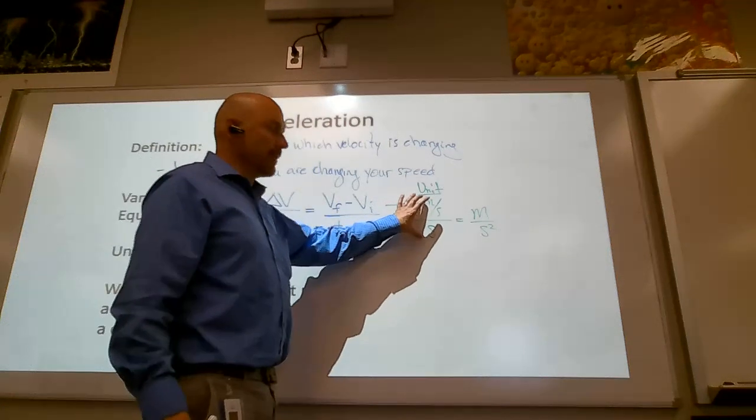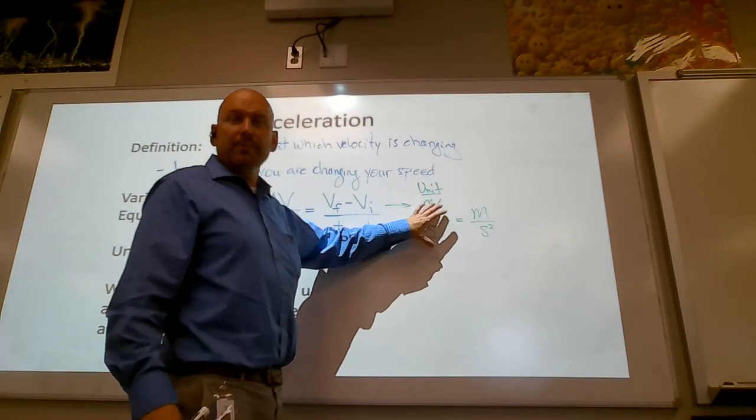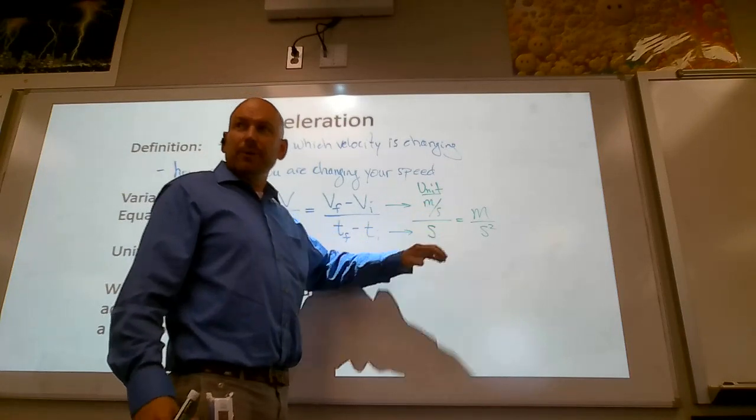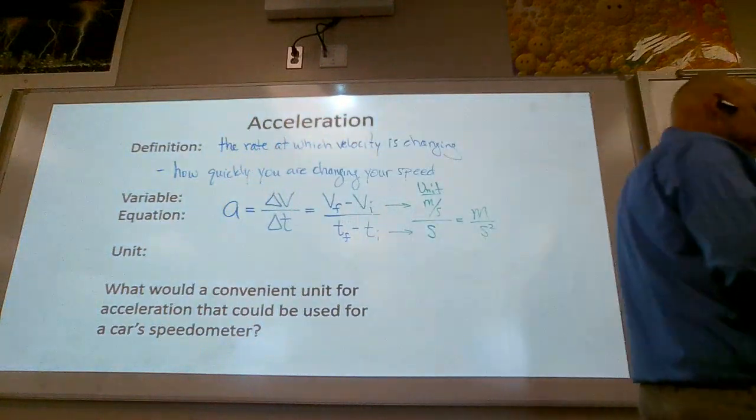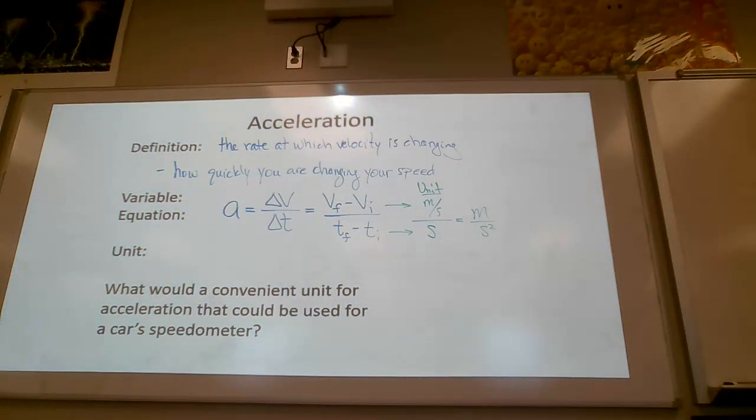Conceptually, understand it like this: meters per second, for every 1 second. A unit of acceleration that we might be able to relate to a little bit better would be miles per hour per second. I'm never going to have you calculate that.